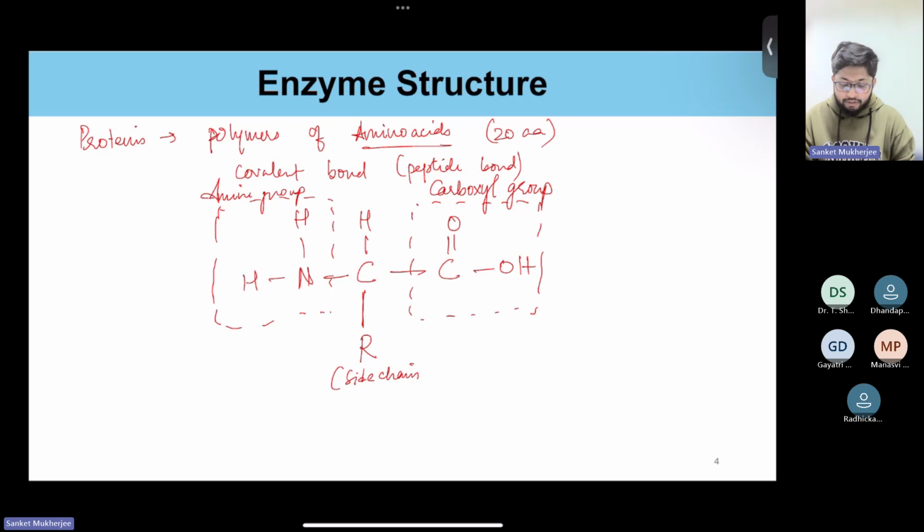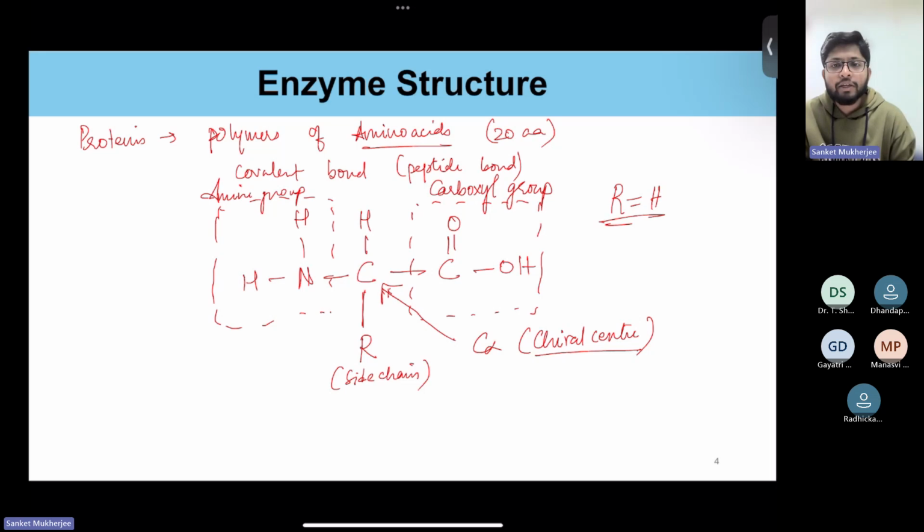The carbon to which the R group is attached is known as the alpha carbon, or the chiral center. All amino acids have this chirality except glycine. In the case of glycine, the R group is hydrogen.